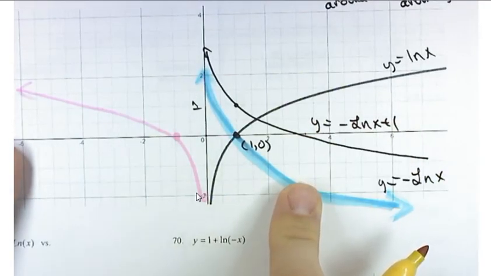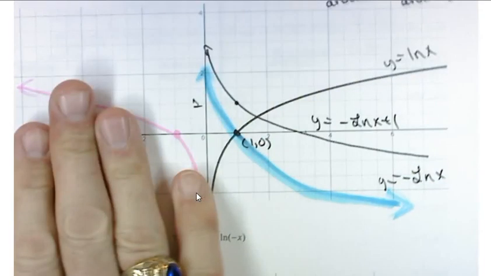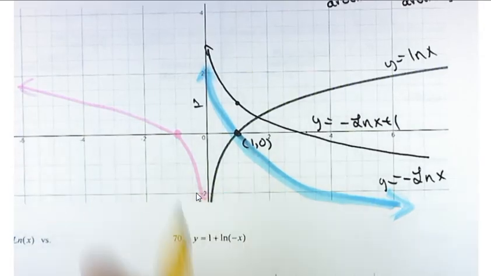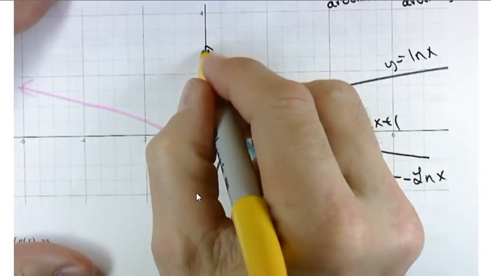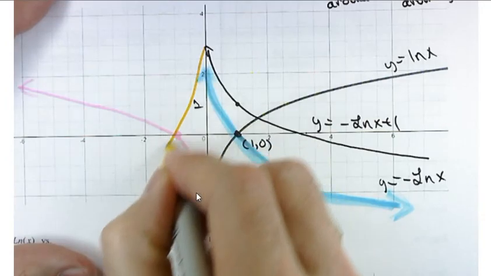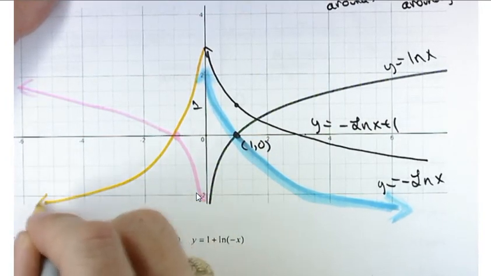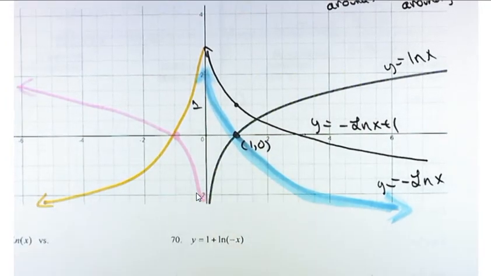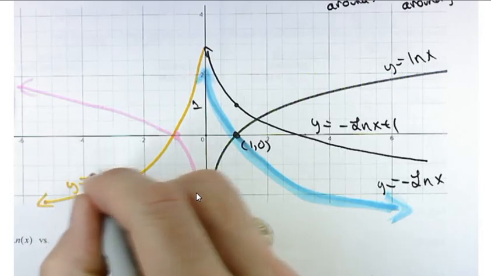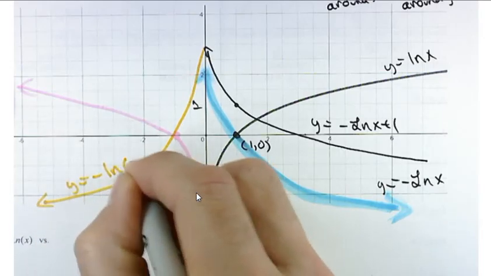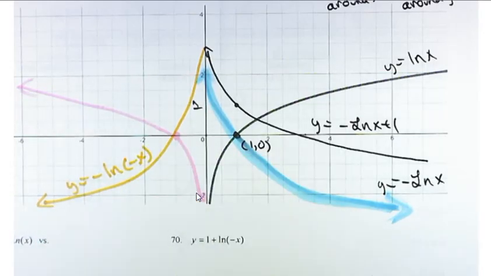So basically you're going to take this and flip it over here. And you're going to get something that looks like that. So y equals minus ln of minus x. So 4 different translations of that graph.